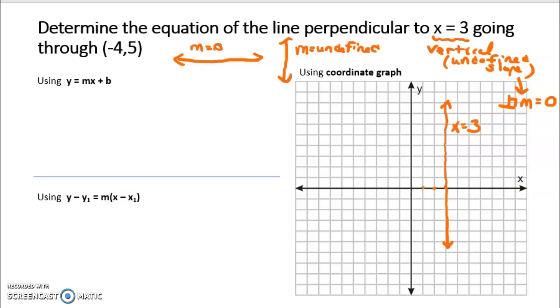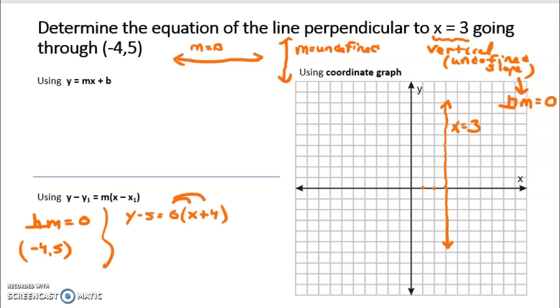So let's use point slope this time. We're going to use opposite reciprocal slope, 0. And then I want it to go through (-4, 5). All right, here we go. So y minus the y coordinate is equal to slope 0 times x minus a negative 4, so plus 4.